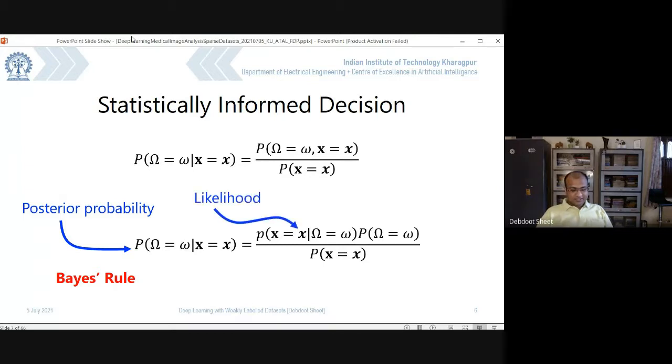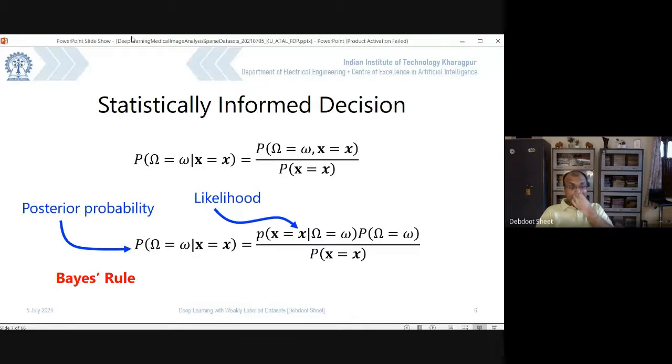Now that can be derived from the likelihood, which is essentially the probability of a certain evidence coming from a certain class. What it means is that I have a bunch of cancerous tissues and a bunch of non-cancerous tissues.